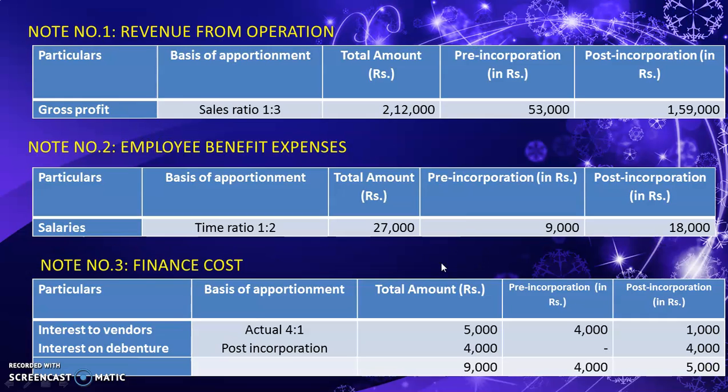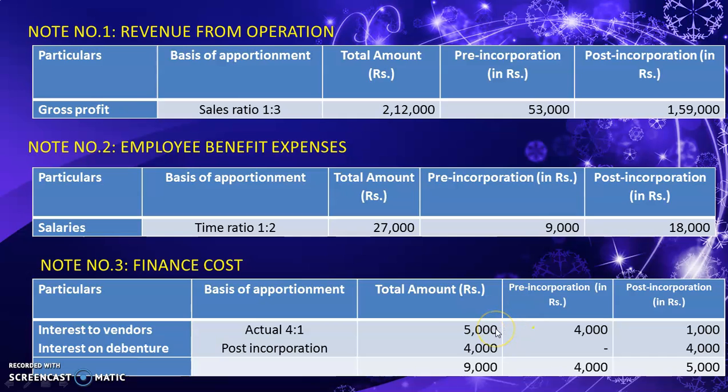Note number 1, revenue from operation, gross profit is to be apportioned using sales ratio. Note number 2, employee benefit, salary is the expenditure given in the question. And note number 3, finance cost, interest paid to vendors, actually paid, totally 5,000. 4 times of interest was in the pre-incorporation period, and 1 time of interest in the post-incorporation period. And debenture should go for post-incorporation column only.